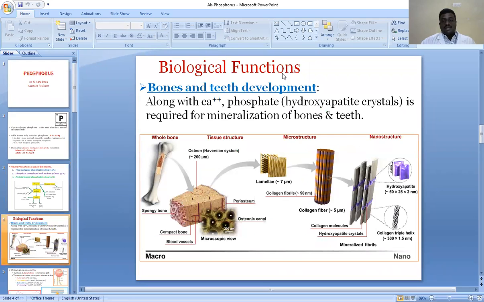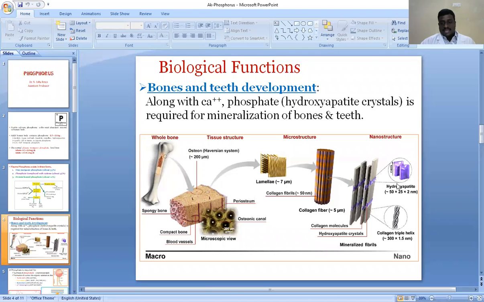What are the different biological functions? The first function we already discussed in the calcium mineral. Here 80 to 85% of the phosphorus participates in the formation of the bone along with the calcium.